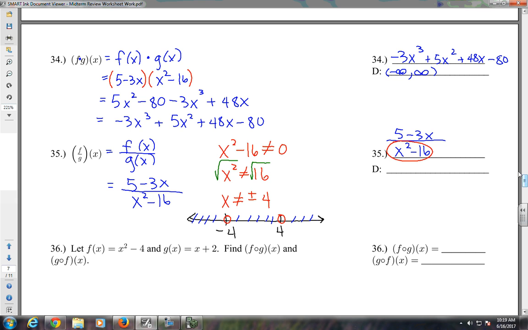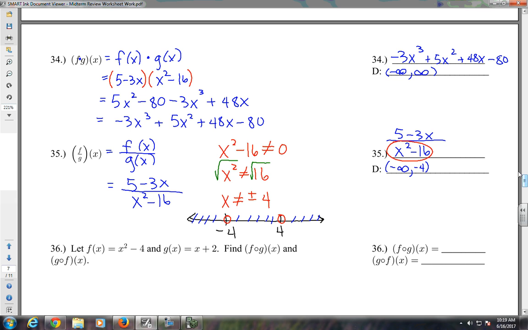So I'm going to describe that domain in interval notation from left to right. The leftmost value there is negative infinity. And then we're going to move up just to the left of negative 4, but we're not going to include negative 4, so I have to use a parenthesis. If I used a bracket there, that would indicate I'm including negative 4. And we know that's what makes the denominator 0.